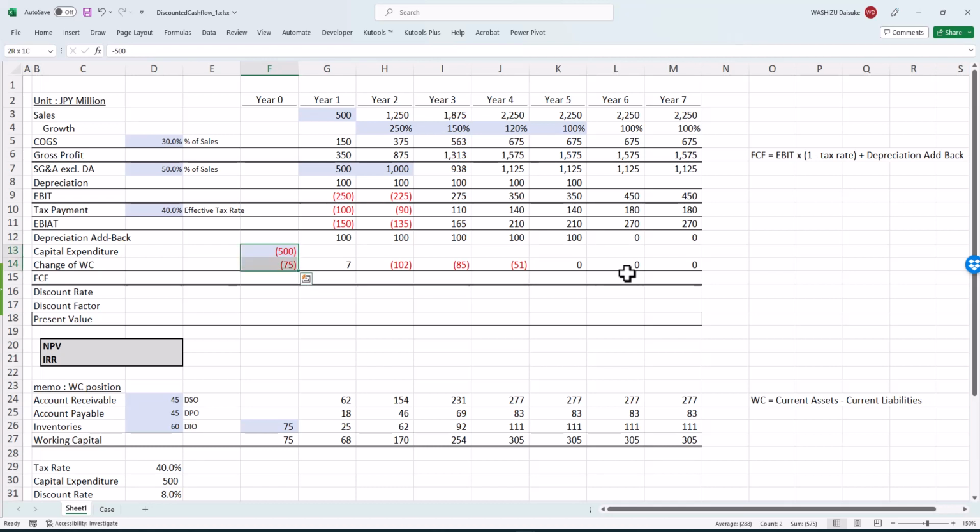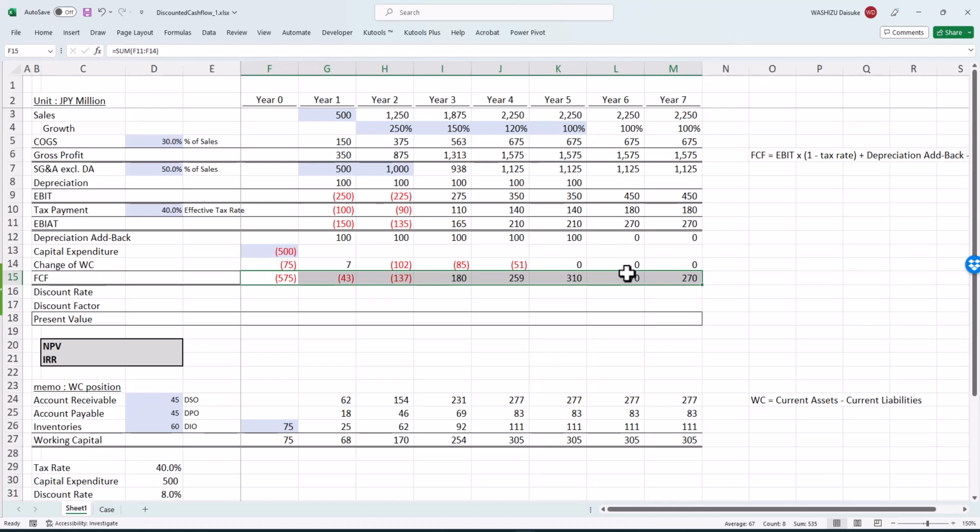That's the required initial investment. Okay, so now we have the assumptions here, so we can get the free cash flow: EBIT plus the 3 adjustment items. So now we have the free cash flow.